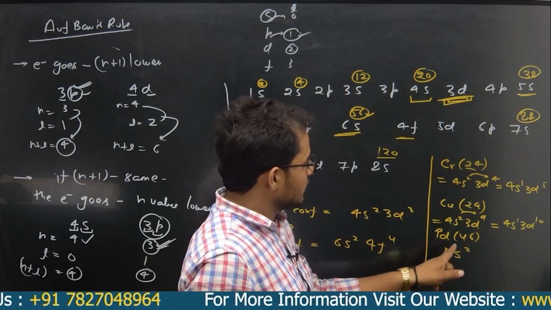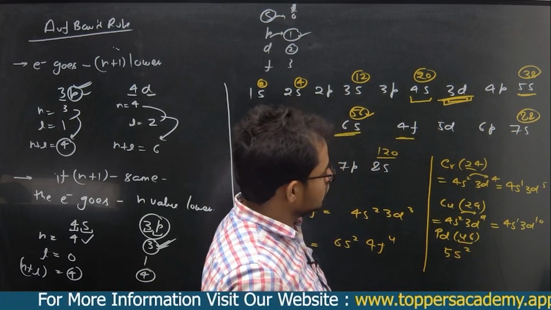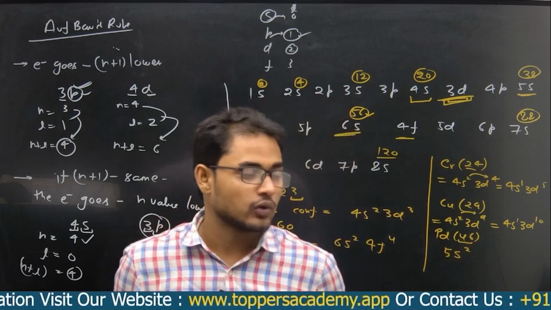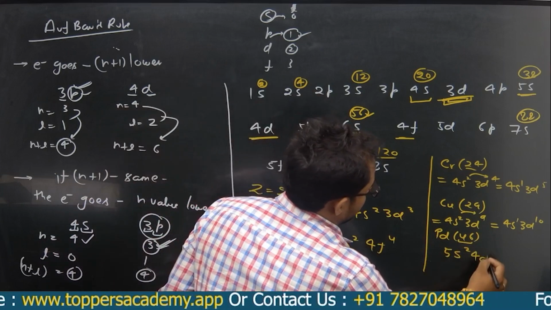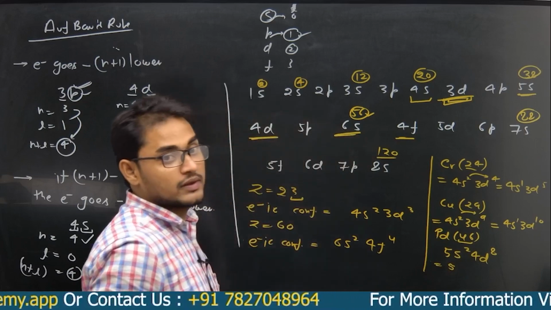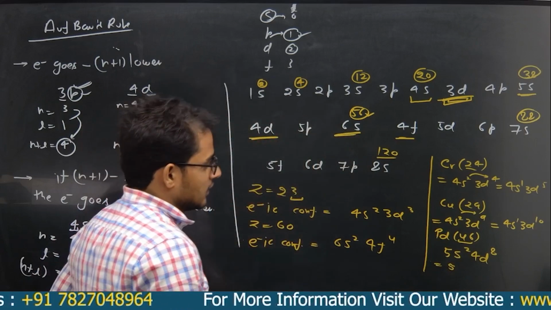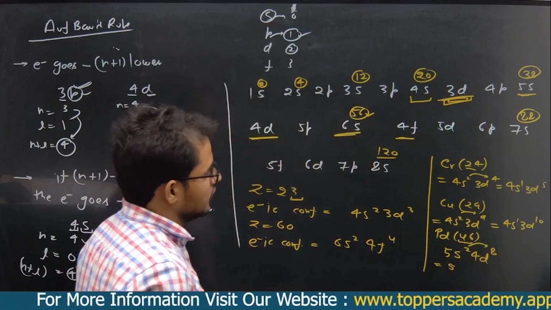Now I want to go to 46. So 46 minus 38, that means 8 electrons have been left. So 8 electrons will be added to this 4d. So for the stability, as d10 is more stable as compared to d8, these 2 electrons will be transferred to 4d from 5s.